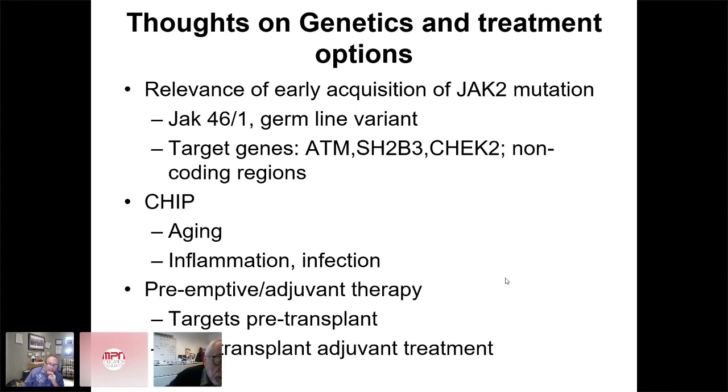And there's certainly a lot of work going on in inflammation. Would suppression of inflammation improve the prognosis? And as I said now a couple of times, that recognition of those potential targets could very well lead to preemptive or adjuvant therapy, both pre and post-transplant.